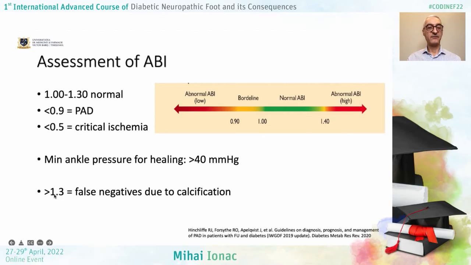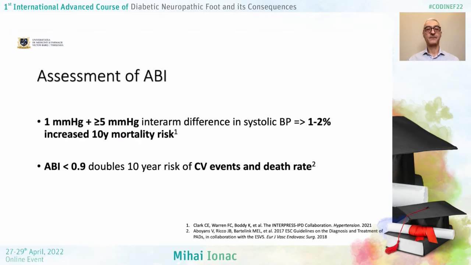As I said before, with values over 1.3 or 1.4 there are false negatives due to calcification. Why is ABI also important?